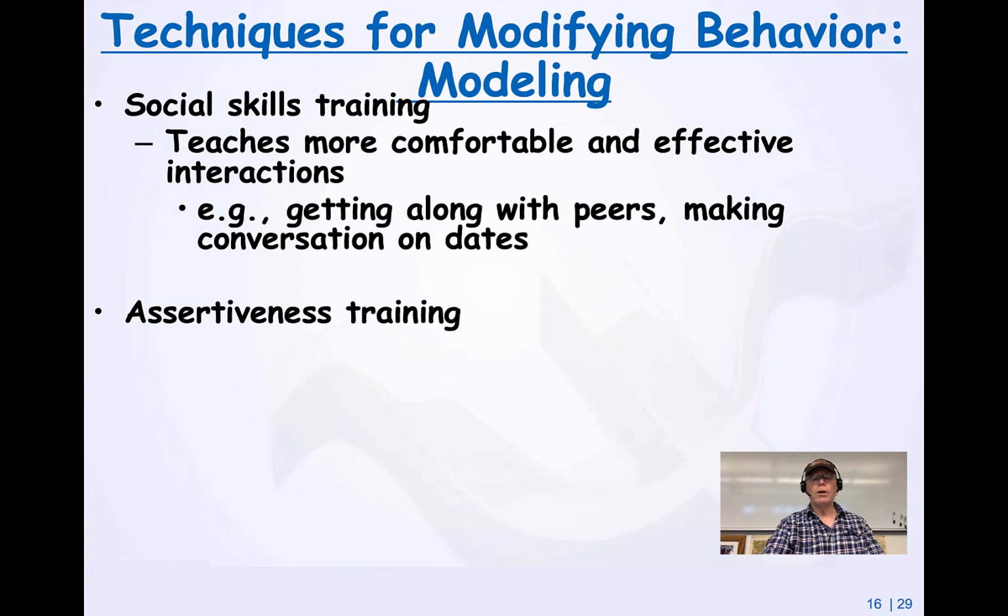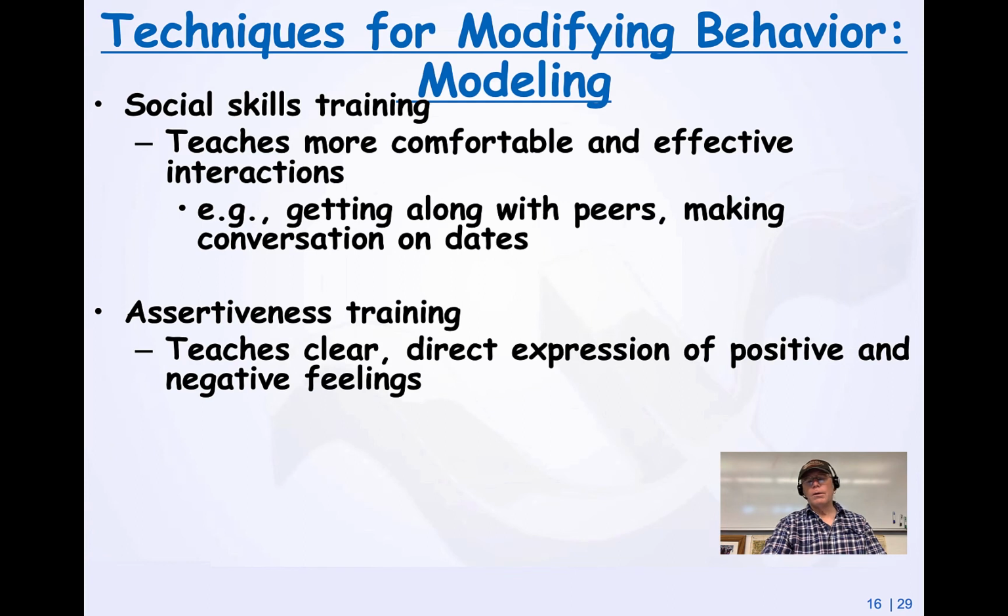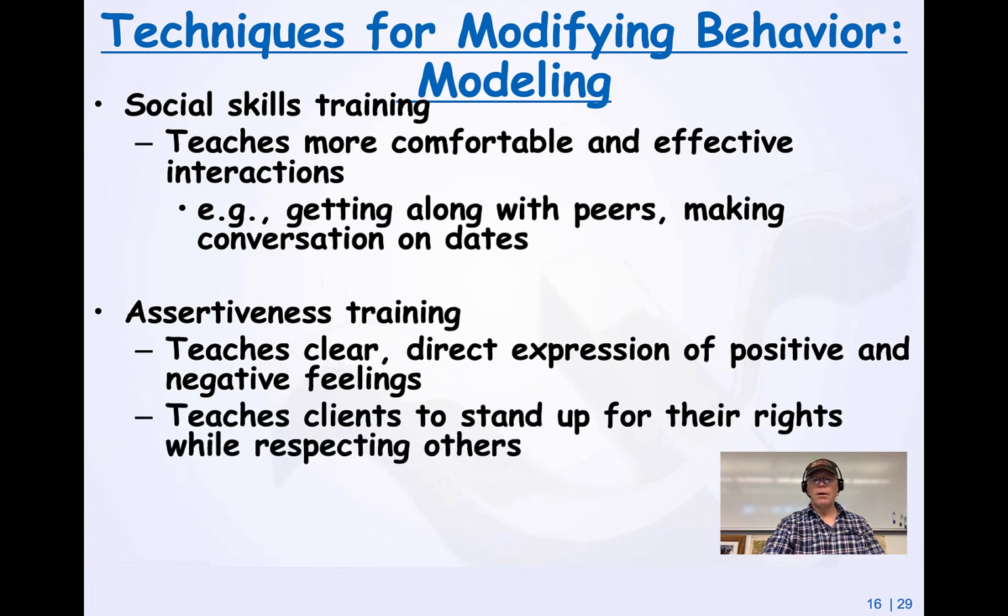Assertiveness training, where you need to draw a boundary. You need to say, this is not acceptable. You're stepping into my life and it's not appropriate. So direct expression, this is where you're able to say positive and negative feelings, to stand up for your rights while respecting others' rights.